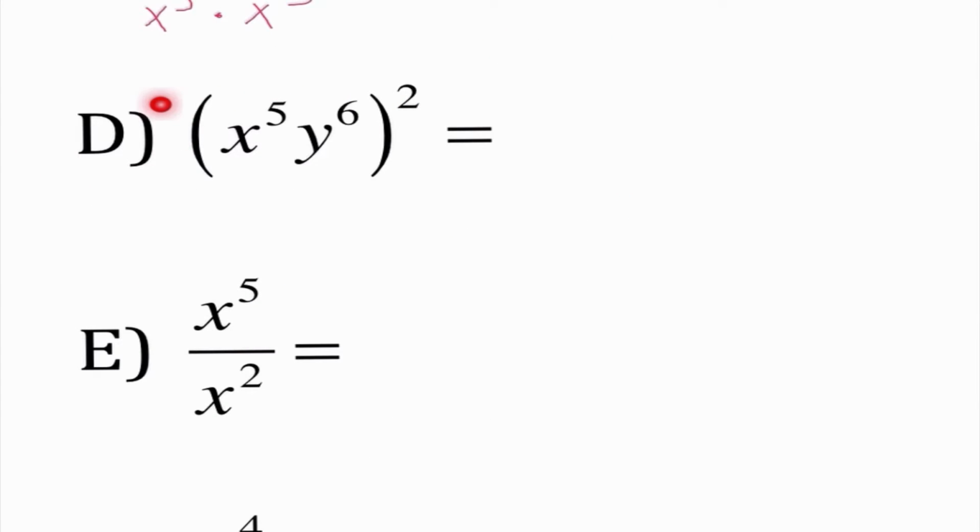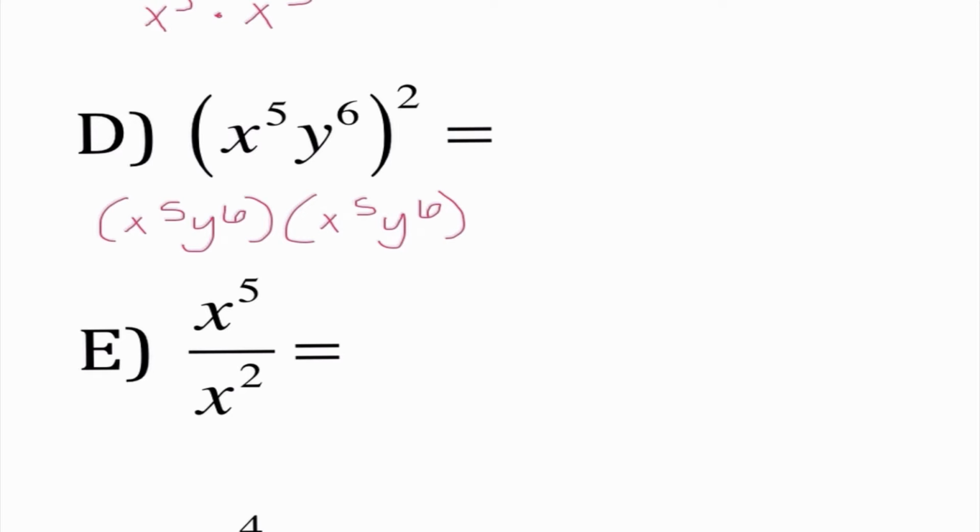For our fourth one here, I have x to the 5th, y to the 6th, squared. And we know that we technically cannot distribute because I do not have multiplication and I do not have an addition sign in between this. So what we're really going to do, we are going to apply this squared to each of these terms. Because technically, this is like we're doing x to the 5th, y to the 6th, times x to the 5th, y to the 6th.